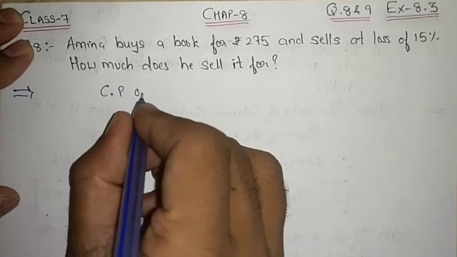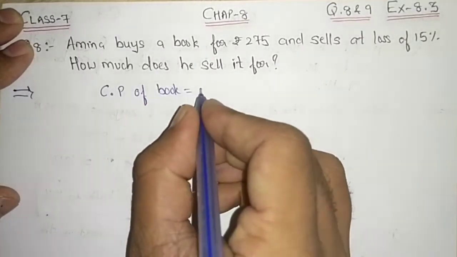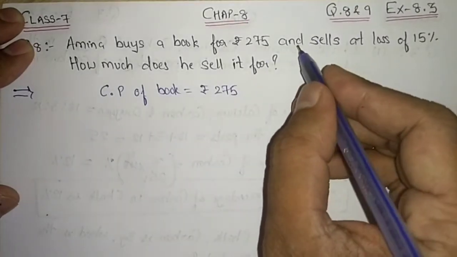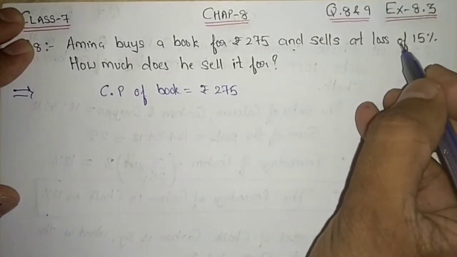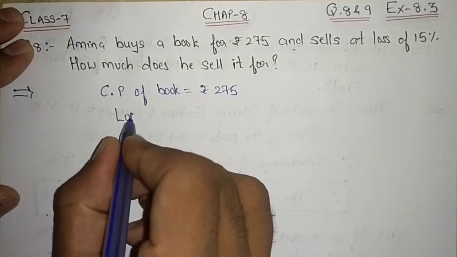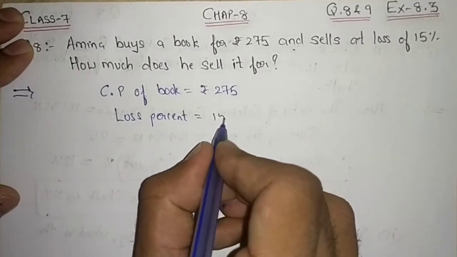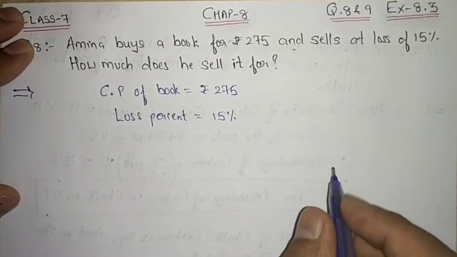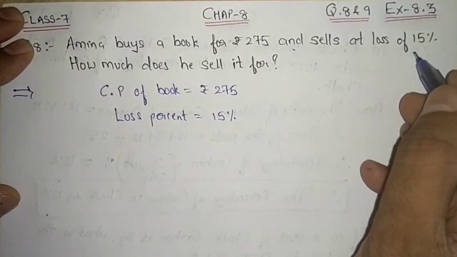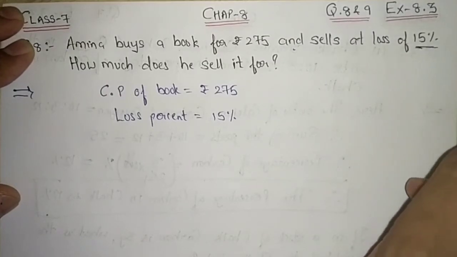Cost price of the book is equal to rupees 275 and sells at a loss of 15%. So what they have given us? Loss percent is equal to 15%. While she was selling the book, she got a loss, and the loss in percentage was 15%.